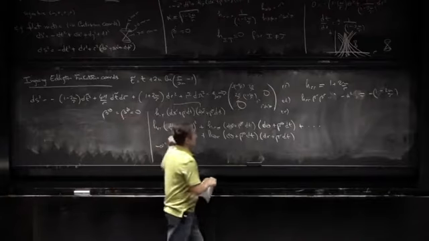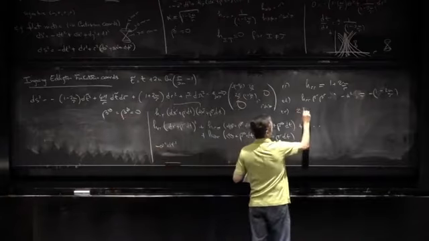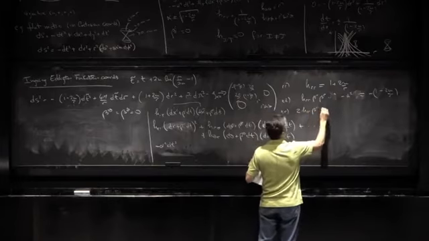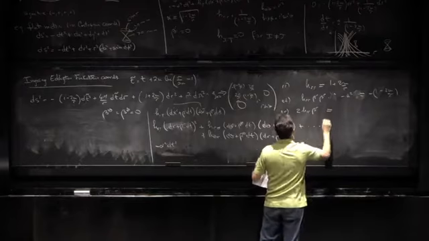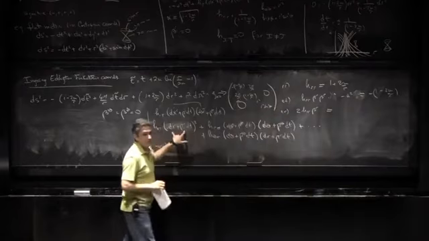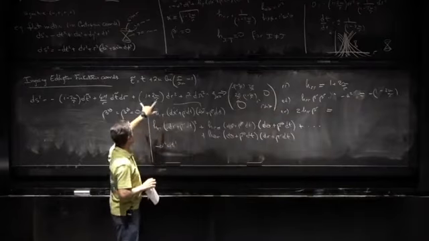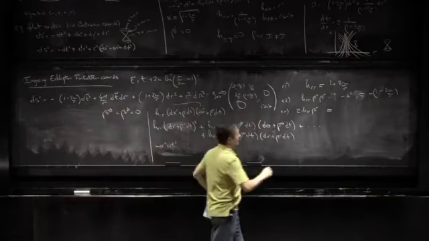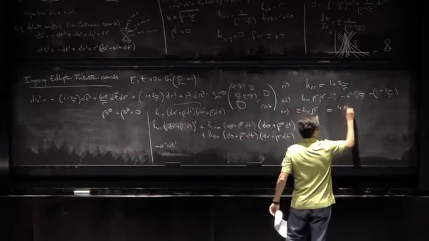So this will be 2 h rr beta r, which has to be equal to whatever I see in the dt dr, and that's equal to 4m over r.